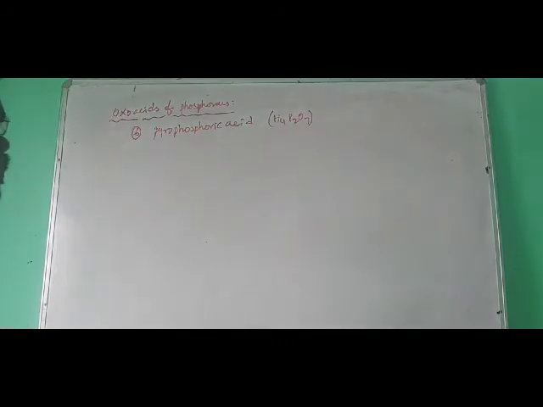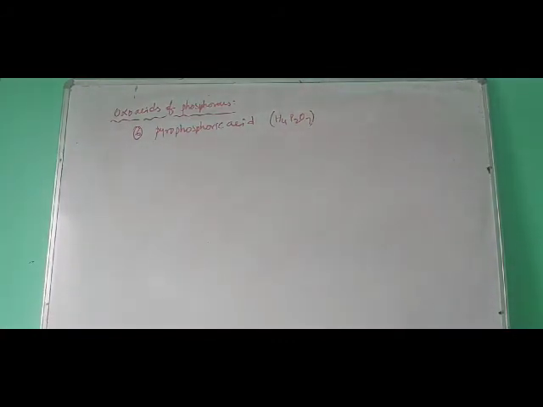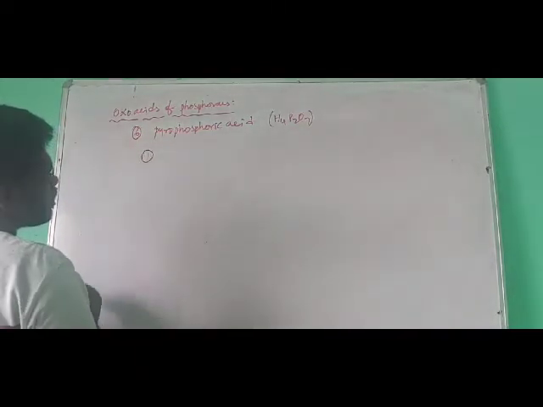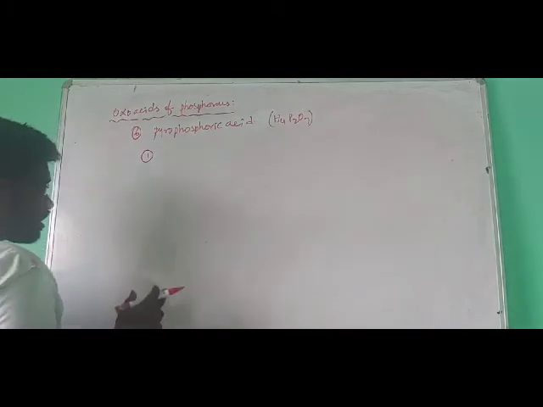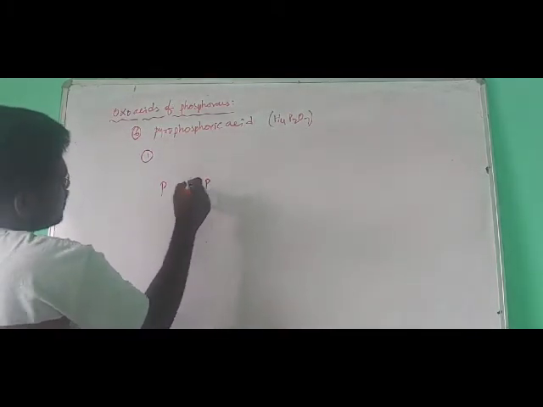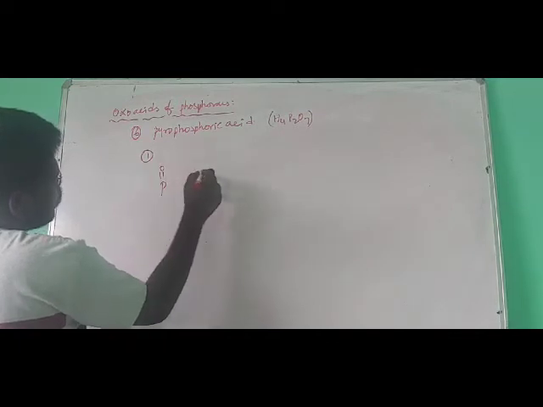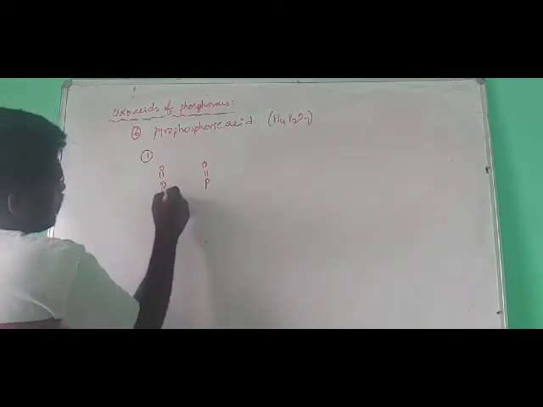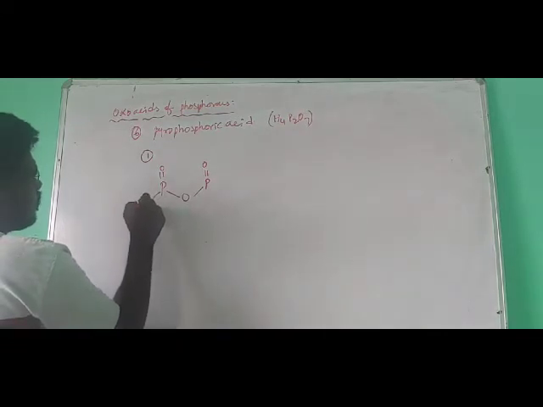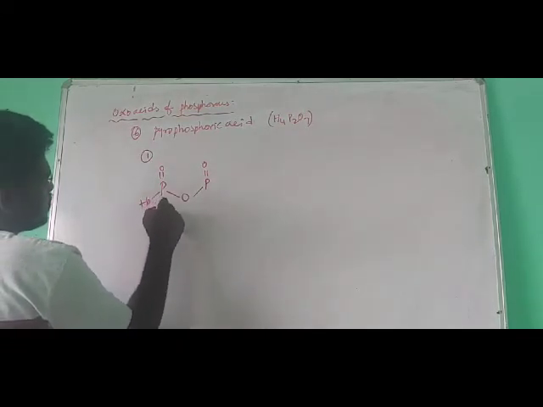Right. So next one, students, pyrophosphoric acid formula is H4P2O7. So first we need to draw the structure of this acid, structure of this molecule. So we have two phosphorus atoms, first phosphorus and second phosphorus, and next one we put double bond, and here we put O linkage, and next one we have hydrogens and oxygens.